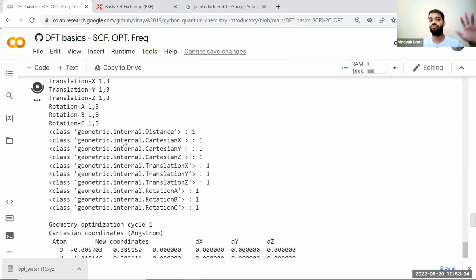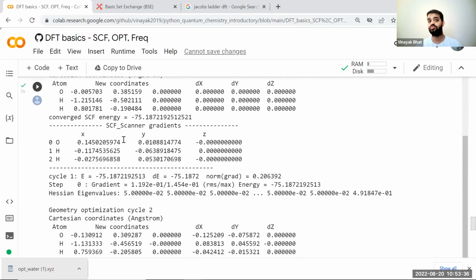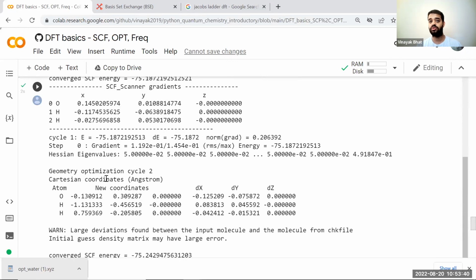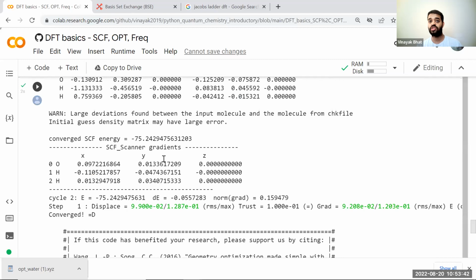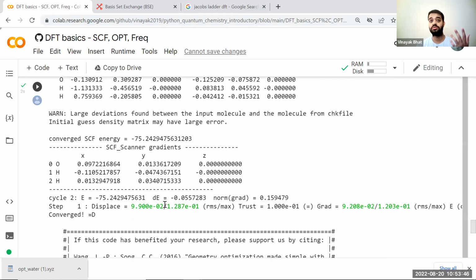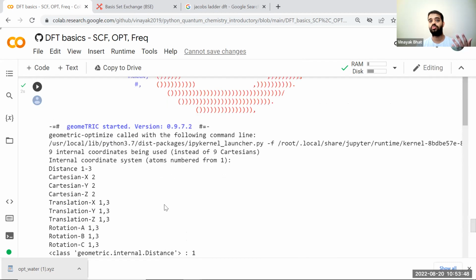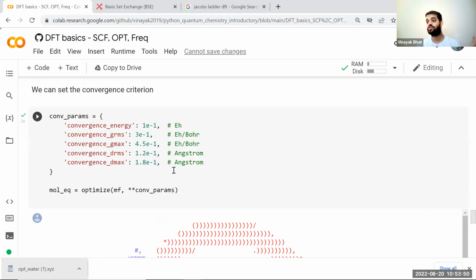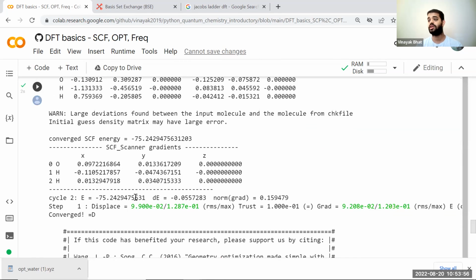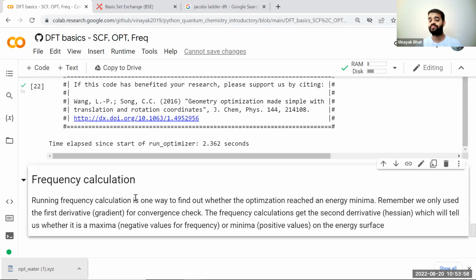But this is just to demonstrate that this will converge more quickly, because in cycle 1 it did this, in cycle 2 it did this, and at cycle 2 itself, it stopped. The reason being, we asked it to stop with these cutoff parameters. It may not have optimized it. So you can look at saving these coordinates and seeing whether it really optimized or not. Any questions on that?